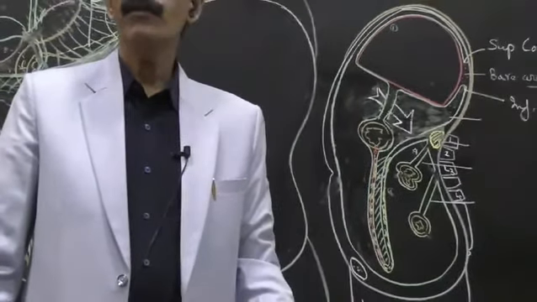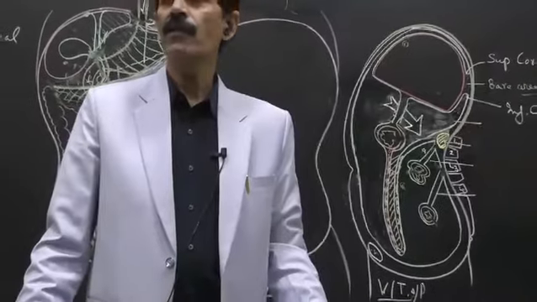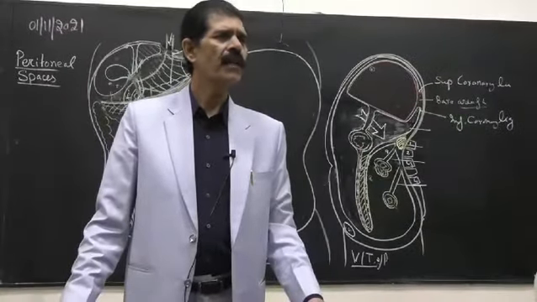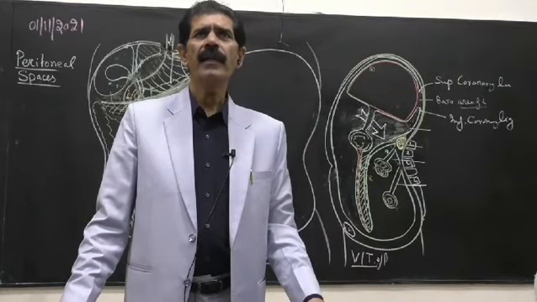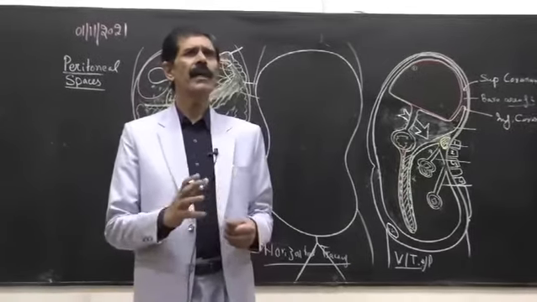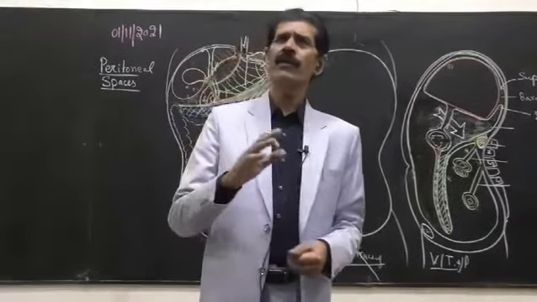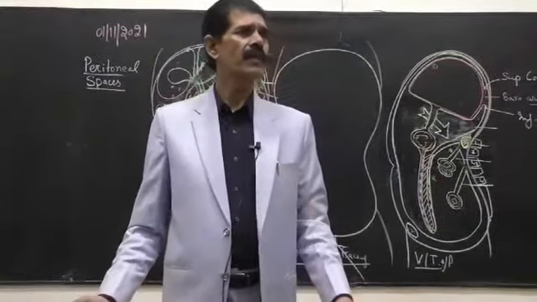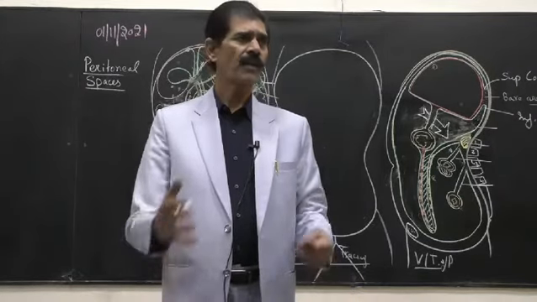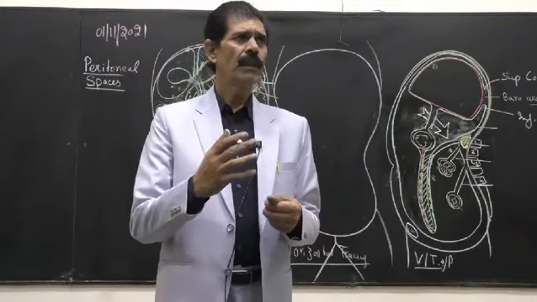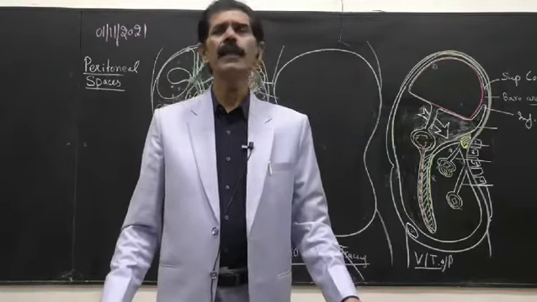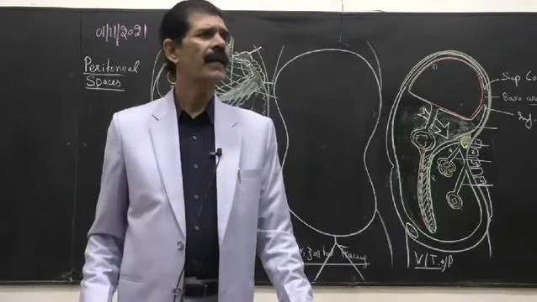The bare area of the liver is not small, it is a very large area on the posterior surface of the liver. There are two lobes, right and left lobes of the liver. So the peritoneum is reflected from the posterior surface of both the right as well as the left lobe. Right lobe is big. So these two folds where they are reflected are called the right and left triangular ligaments.